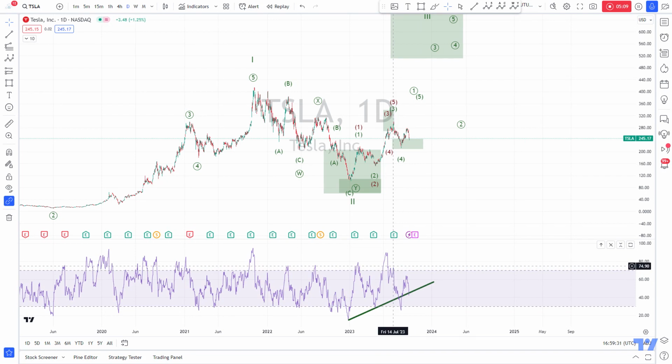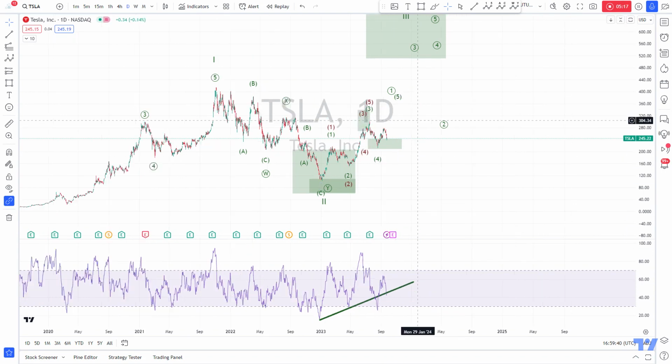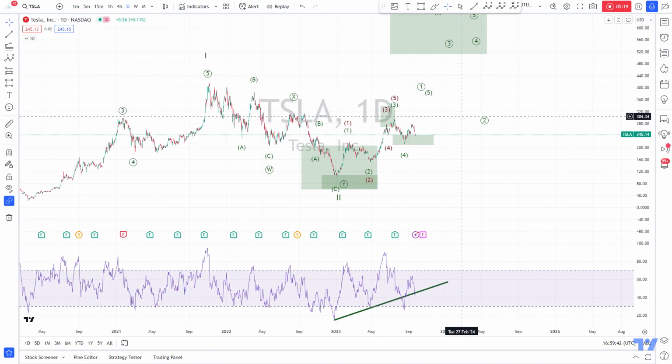It is true that we end here with divergence, but we didn't break the RSI trend line. And secondly, if you then look at the internals here of this wave 3 and 4, you get a bit into trouble with labeling.